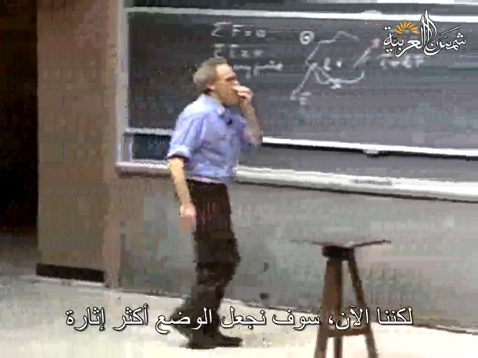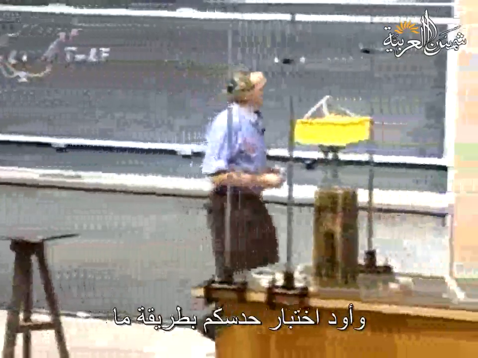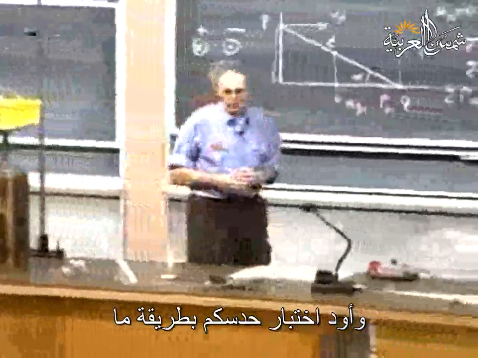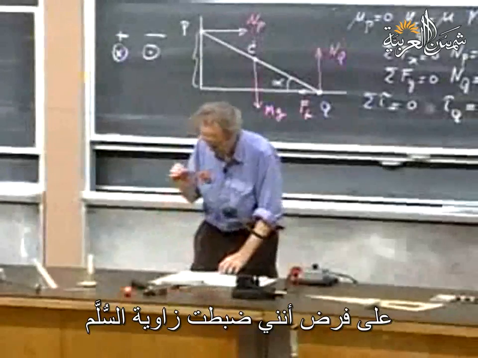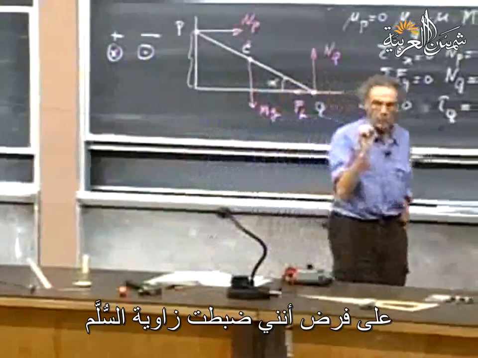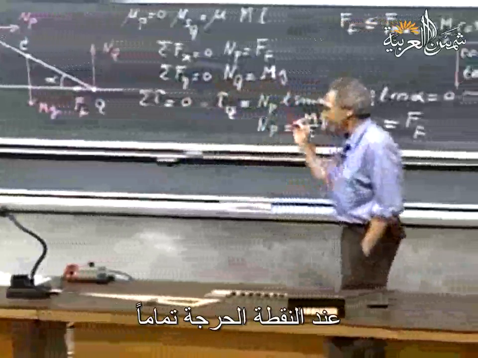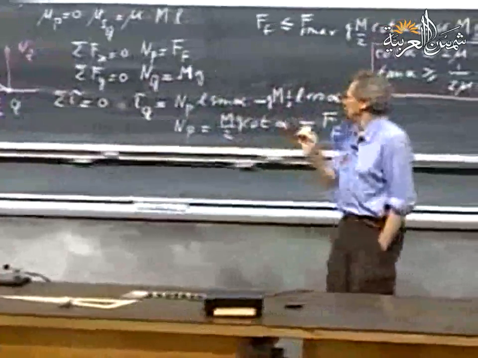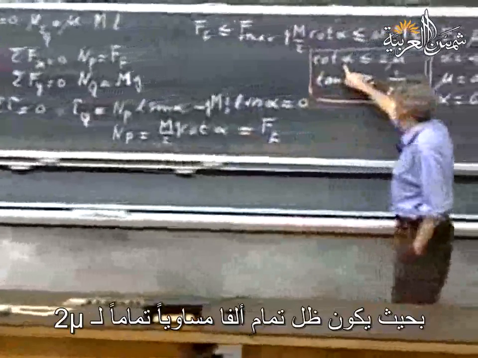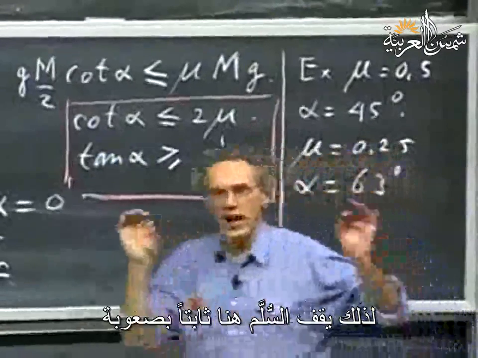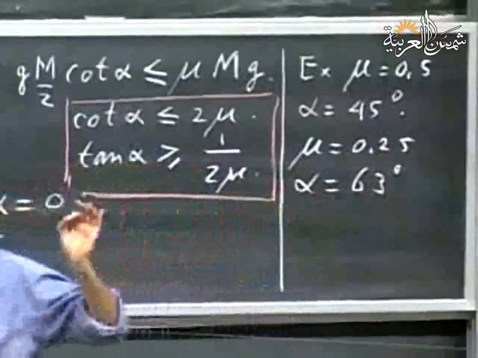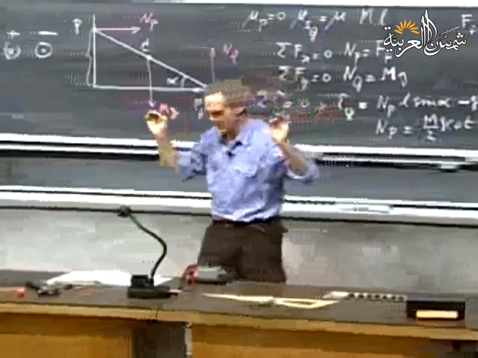But now, we're going to make the situation more interesting. And in a way, I'd like to test your intuition. Suppose I set the angle of the ladder exactly at the critical point. In other words, I'm going to set it so that the cotangent of alpha is exactly 2 mu. So it is hanging in there on its thumbs, just about to start sliding.